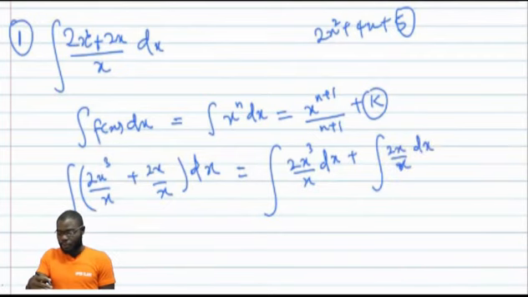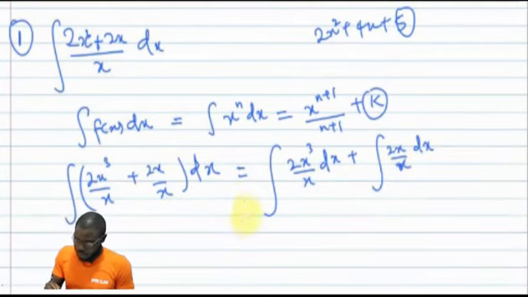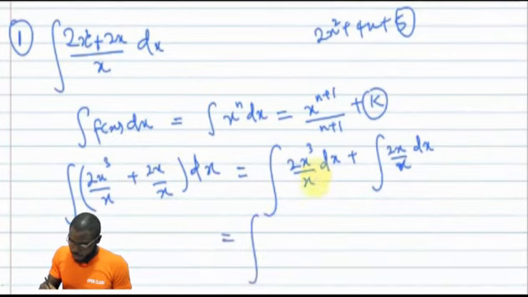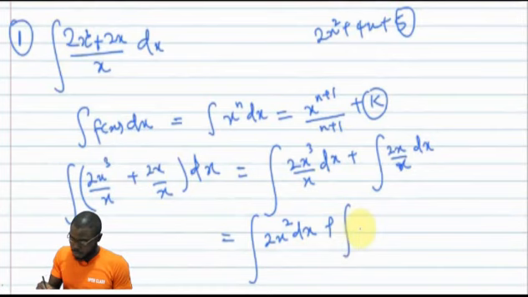So you are having them individually. This can also be written down as, if you cancel one x out of this, 2x squared dx plus, this cancels this, then 2 dx.